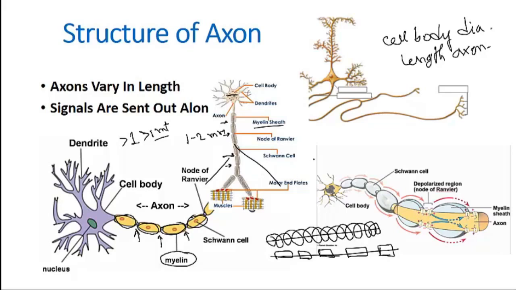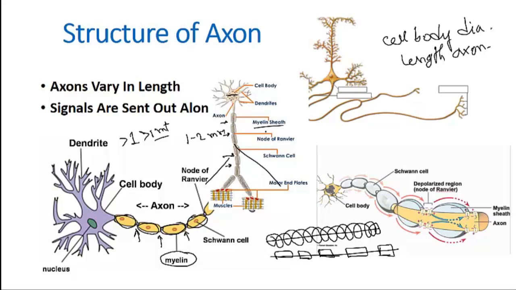Now, this may not be true for all axons, but there are two types of axons you will see. One type is the naked axon, which doesn't have any coating or myelin sheath. We call them non-myelinated axons and neurons. But there are some with this myelin coating.